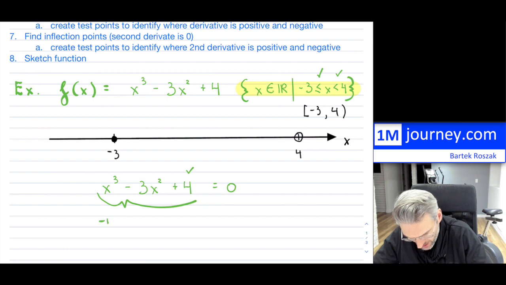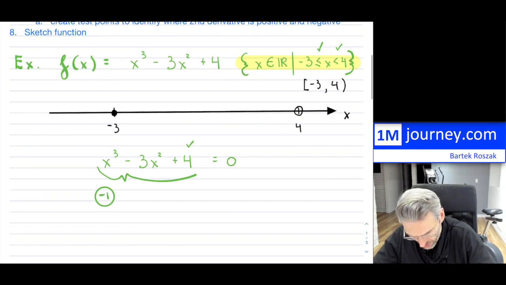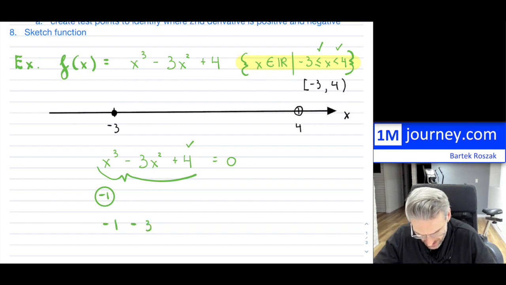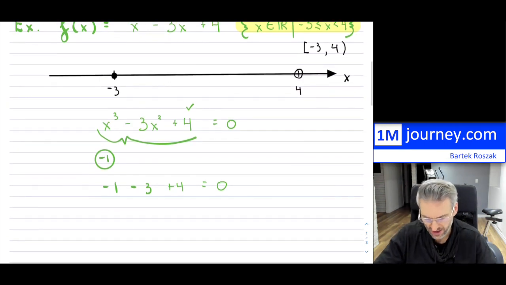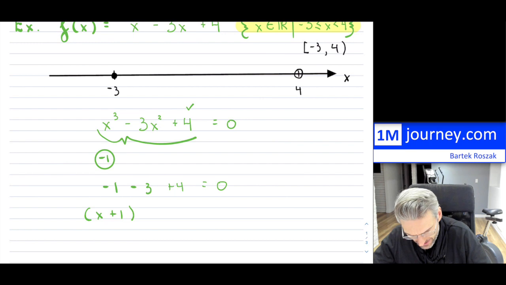If I substitute -1 into this function, what you're going to get is -1 cubed is -1, then it's going to be -3, because -1 squared is just 1, and then plus the 4, and indeed this equals 0. So I do have one particular root in here. So I could factor this out, so -1, so that means this is going to be that.